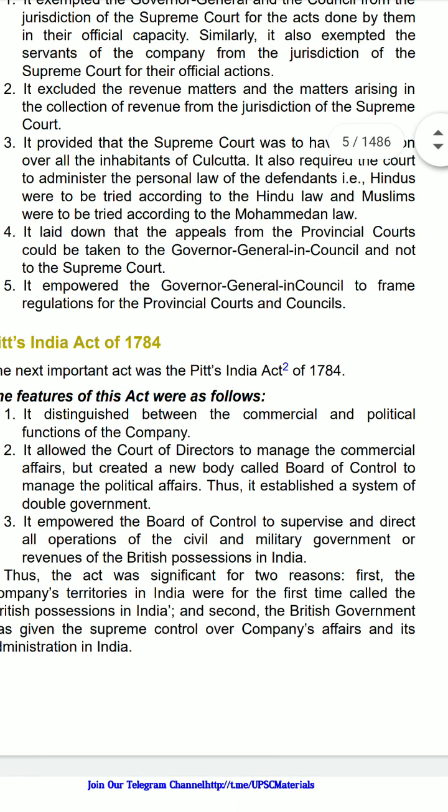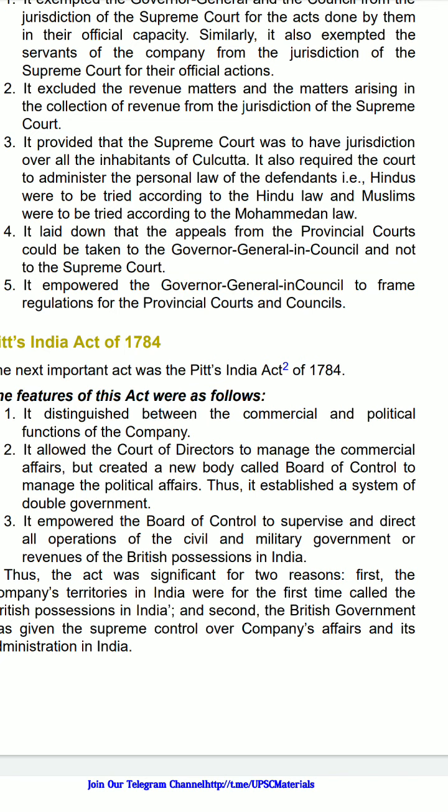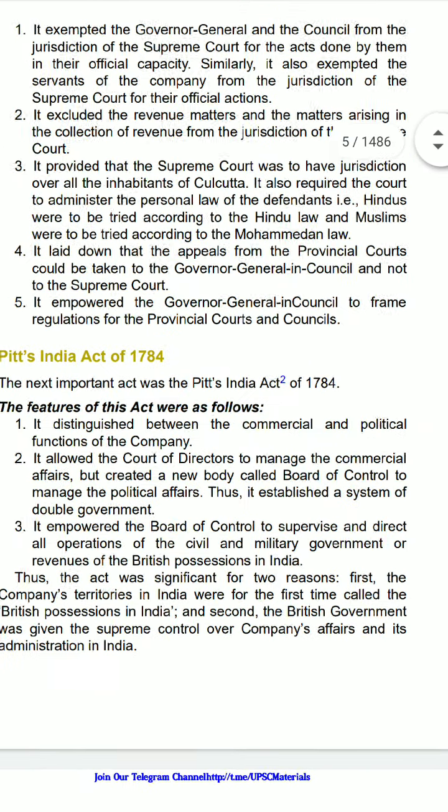It laid down that appeals from the provincial court could be taken to Governor General in Council and not to Supreme Court. It empowered Governor General in Council to frame regulations for provincial courts and councils.